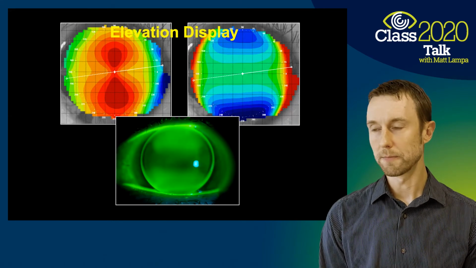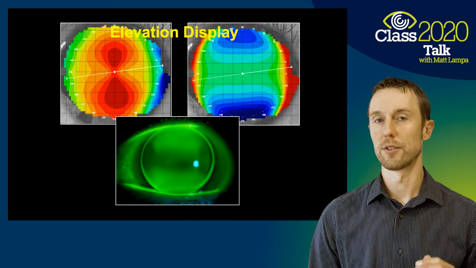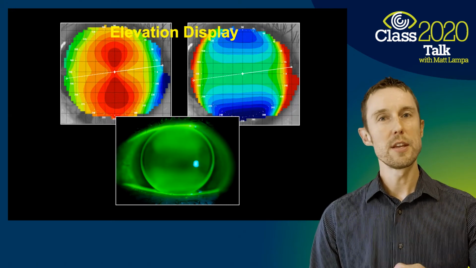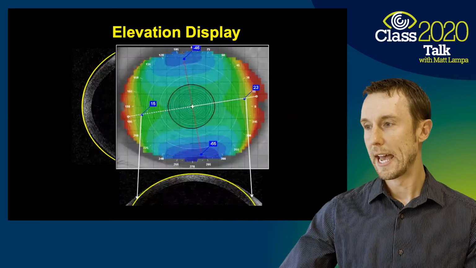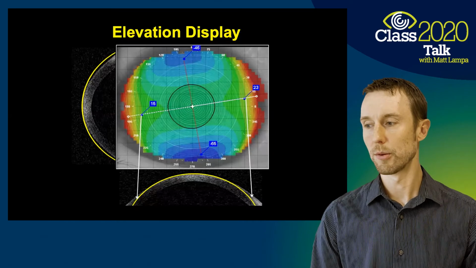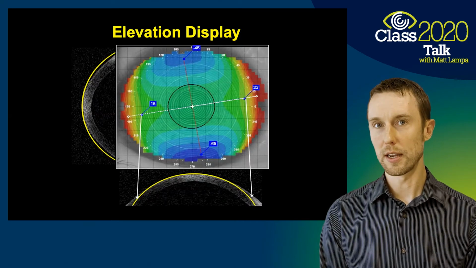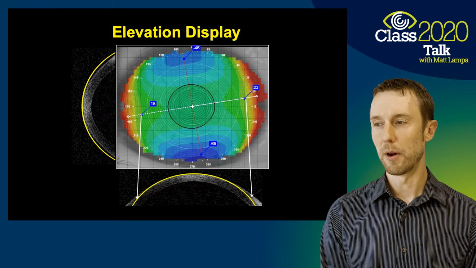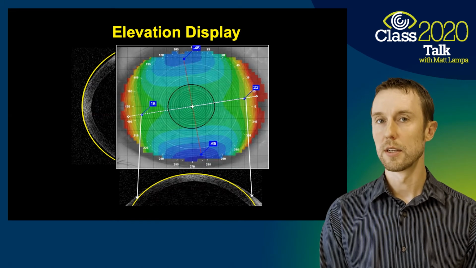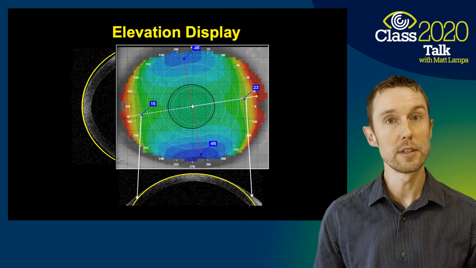Now what it's doing is it's using a reference sphere, a theoretical surface that's dropped onto the eye. And what we can see here in terms of the elevation display is that yellow arc is that theoretical reference surface. And the topographer asks a question: does it have to measure up from that reference surface, sea level?